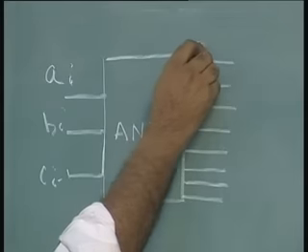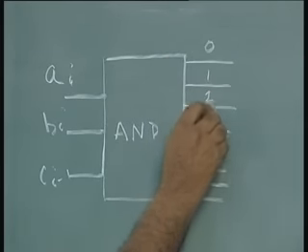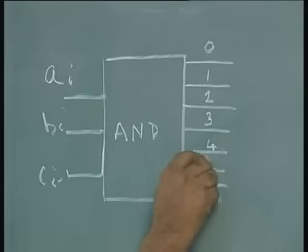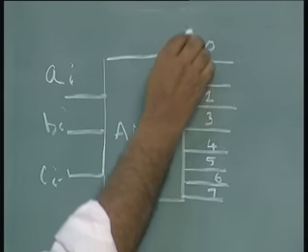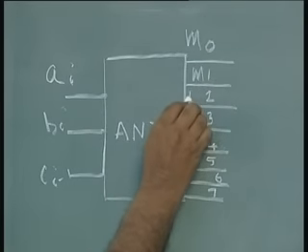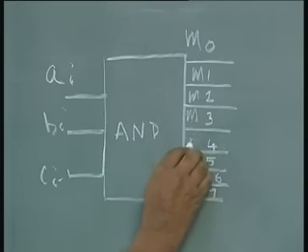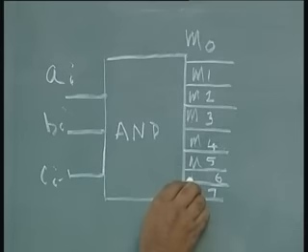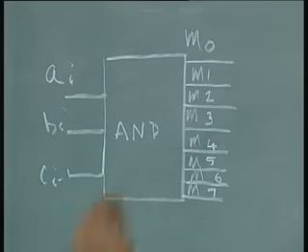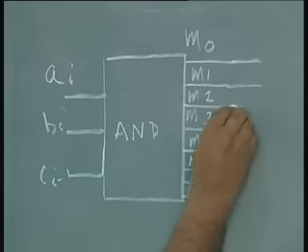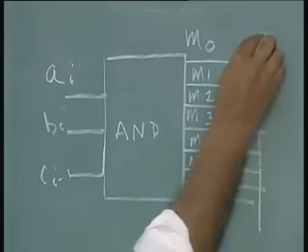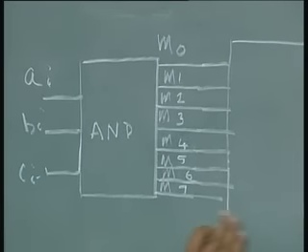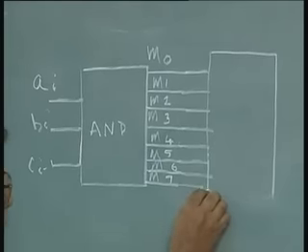Output of this AND array will be corresponding to the minterms. I am calling them 0, 1, 2, actually in textbooks you will see them as M0, M1. If you want to call them M0, M1, M2 that is fine with me. Minterms, and an OR gate array in order to combine these minterms into the required sum and carry.